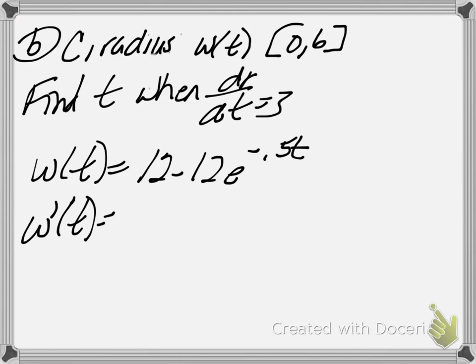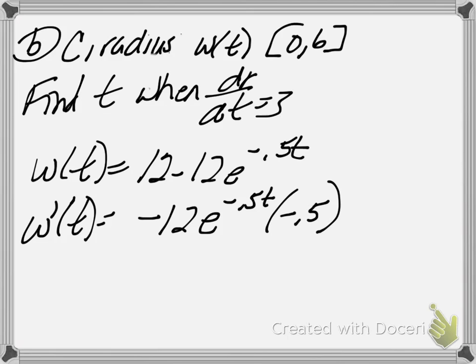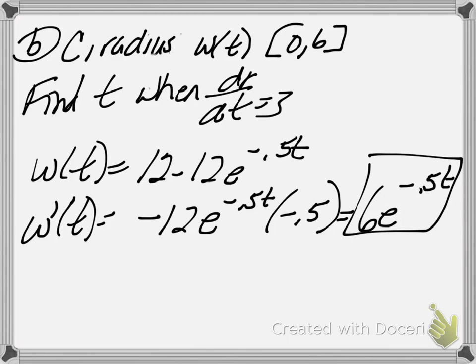Okay, the derivative of 12 is 0. Here's my negative. Keep the 12. e to the anything is e to that anything times the derivative of the anything. And that would give us that. And that whole thing will simplify to this. Okay, so this thing is w prime of t. And for your point values, if you just did this piece here, you just bought yourself a point.